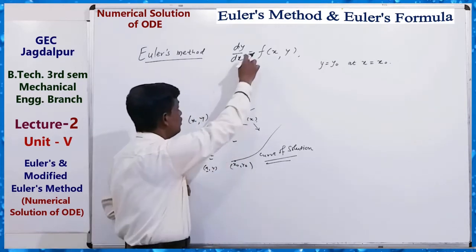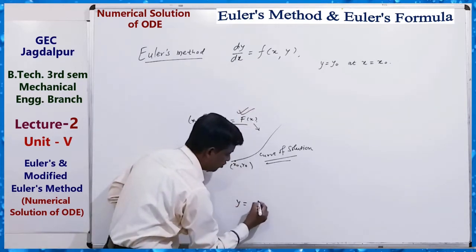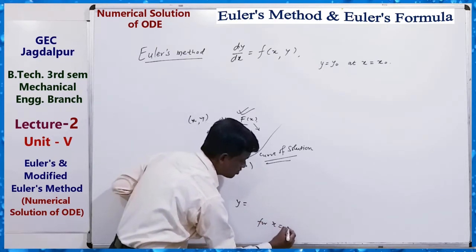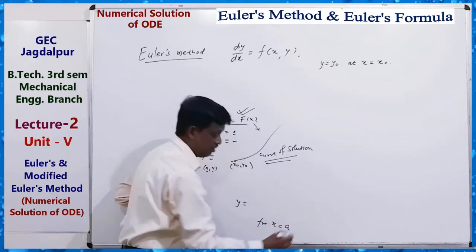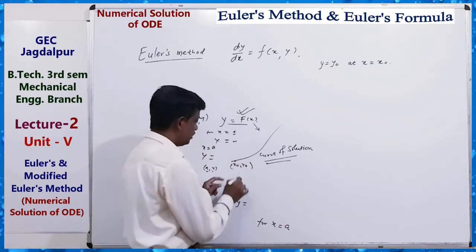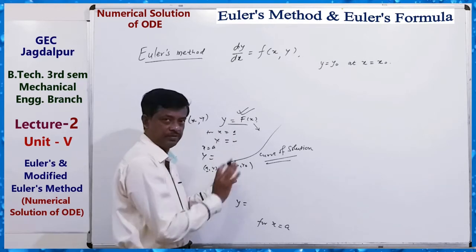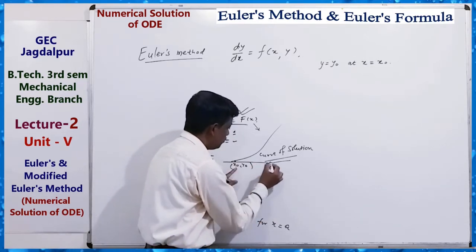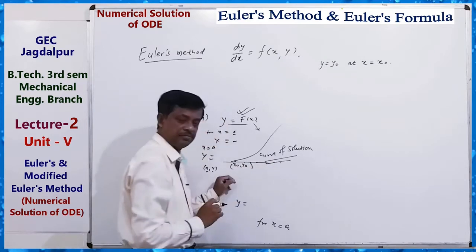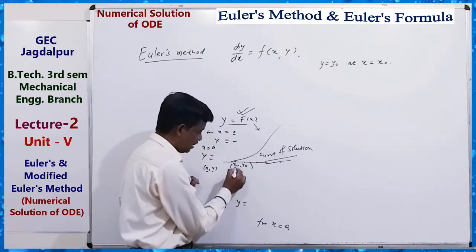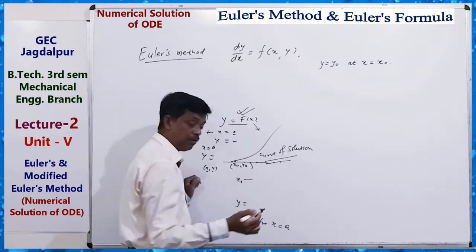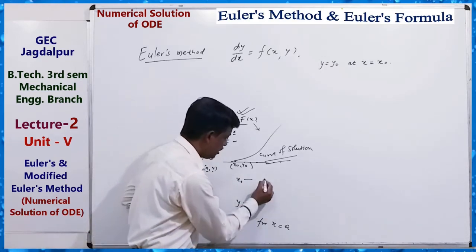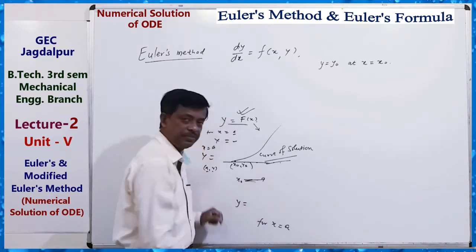We want to find the value of y for a particular value of x, suppose x equal to a. The starting value is x0, and our targeted value for which we have to find y is a, and this is the interval.